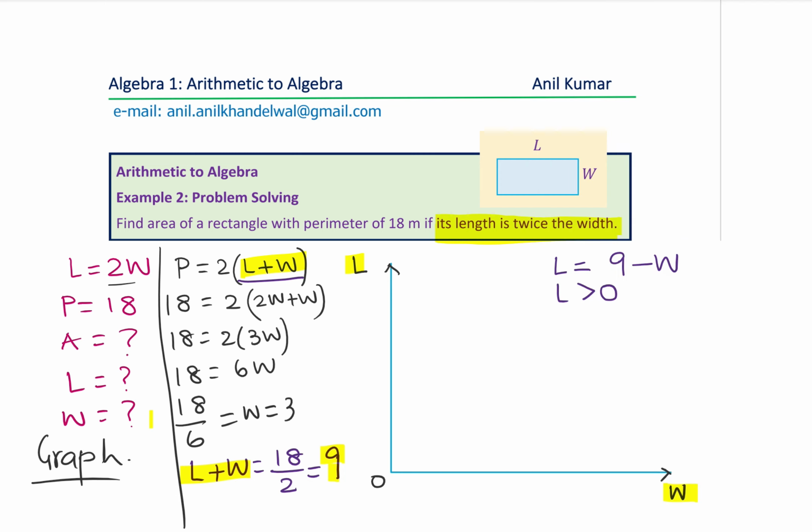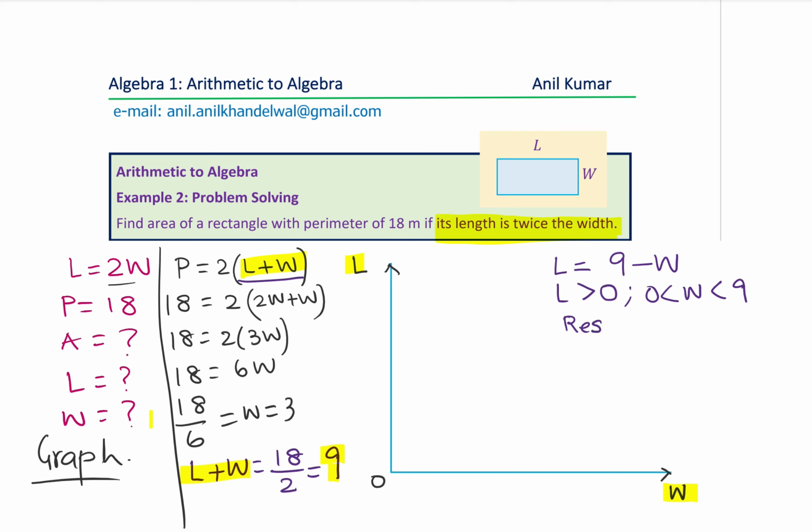And here, if width is 9 or more, then the length becomes negative. So that means that width is what? Well, width is greater than 0, but less than 9. That is what it means, correct? So we have a restriction. Do you see that?